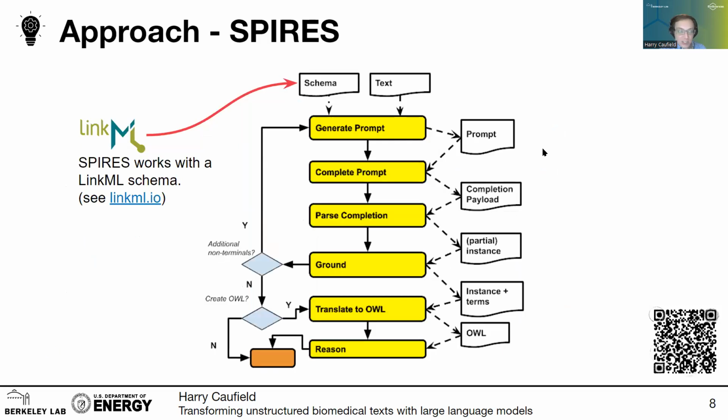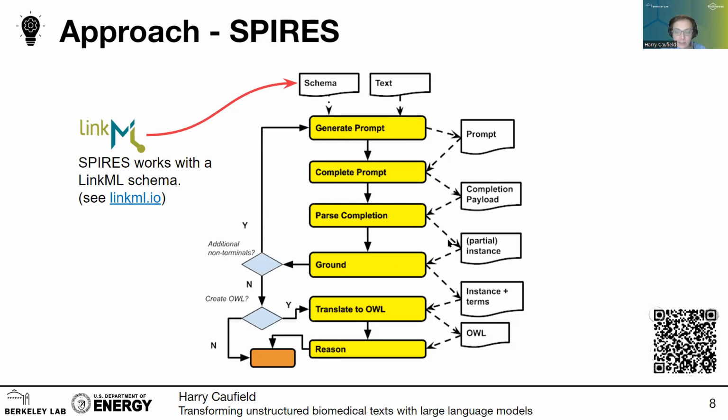So to get a little bit more specific, what SPIRES actually does is it works with a LinkML schema. And LinkML allows you to use a pre-structured language to define the kinds of things that you expect to model in that schema. So what SPIRES does is it generates a prompt from that schema and the input text. You get that prompt, a GPT or your other language model does the prompt completion. You get the completed prompt back, which we essentially call the raw completion.